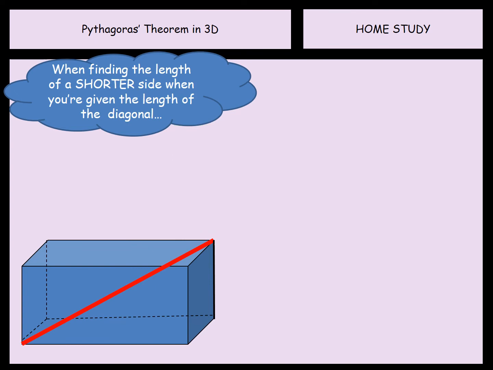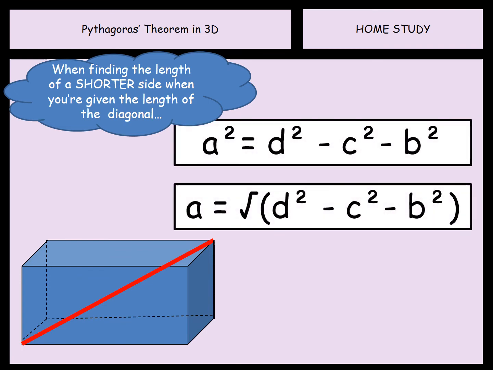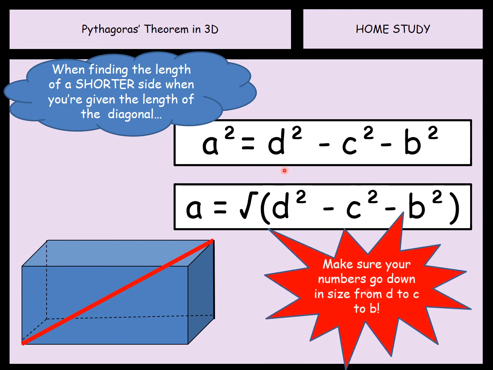Similarly, we can also find the shorter length when you're given a diagonal. Just like we could find the shorter side by subtracting, we're going to do the same thing here. We can say that any shorter side, let's say that this is a down here, is the diagonal squared minus c squared minus b squared. The only thing you need to be really careful of here is that these numbers, whatever the values are, go down in size.